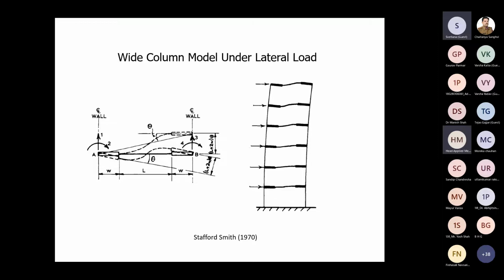Because the rigidity of this portion over the length W is very high, rotations will be very small in that portion, and much larger rotations will occur over the portion L, which is the normal element with the actual rigidity. So this simulated rigid element has exaggerated rigidity, and this L element has the actual rigidity of that slab. Let's imagine that we have just a slab there, but as I said, it does not matter. It could also be a beam and slab.